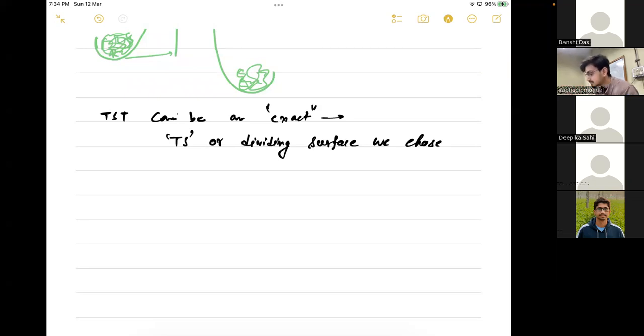Then the transition state theory can be an exact theory. What do we mean by this?